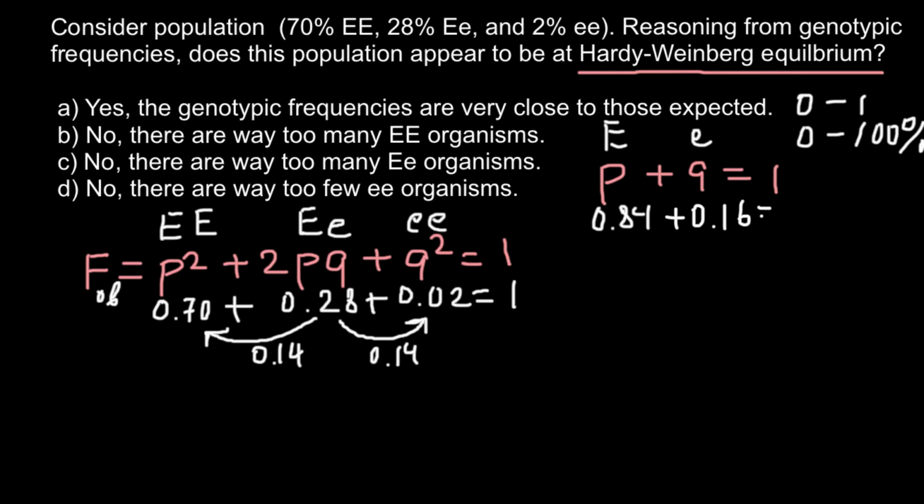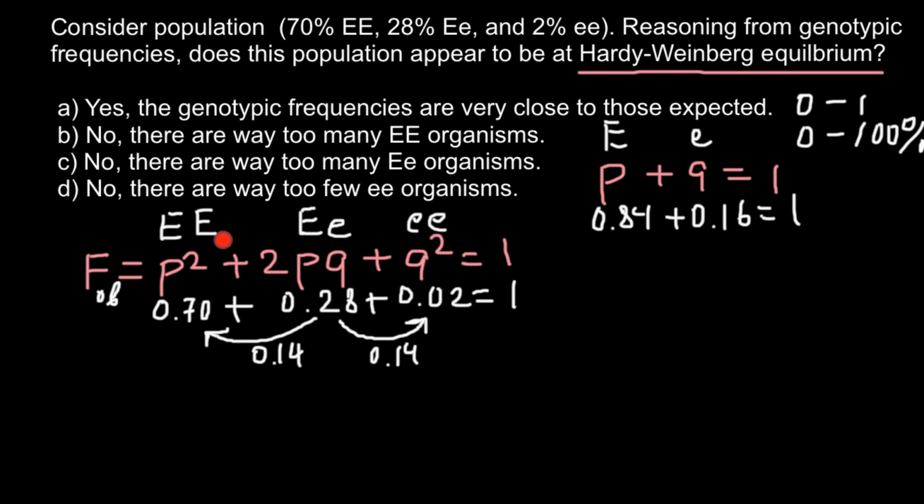So when we add these two frequencies, as you see, we are going to get 1 or 100%. Once again, these are observed numbers of 3 genotype frequencies, and this is the frequency of each allele in this gene pool. Now we have to calculate the expected frequency in this gene pool.